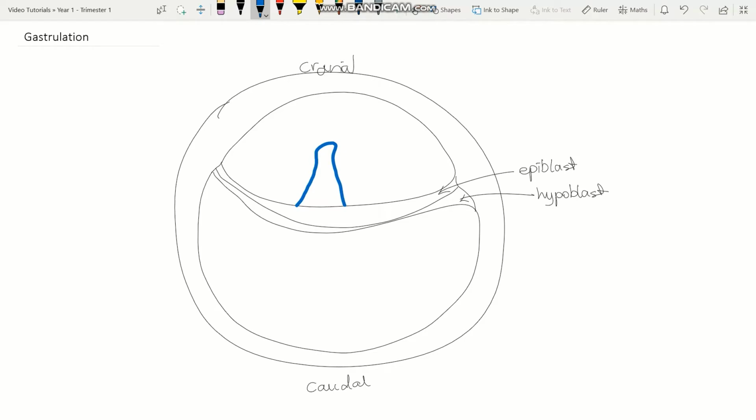So the node is present over here, and this entire structure, which I'll just faintly outline, is called the primitive groove. And so this primitive groove is essentially the first part of gastrulation.